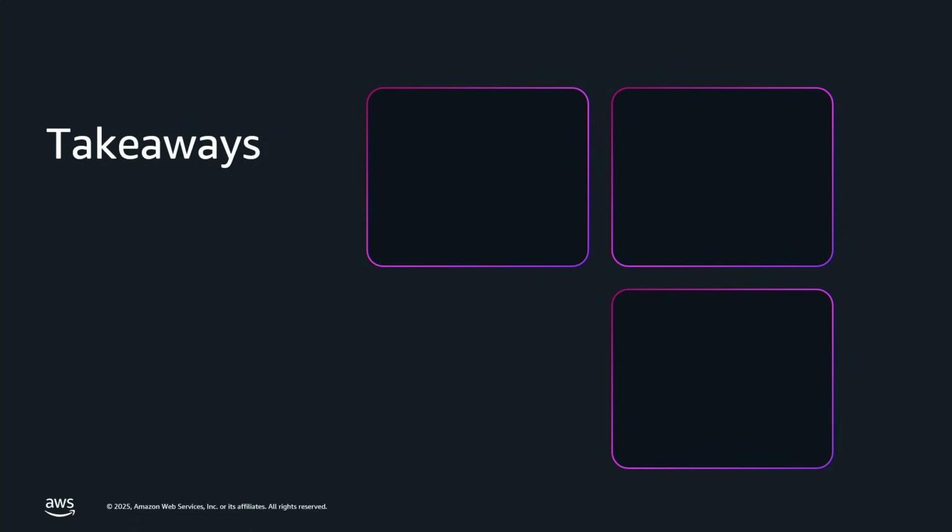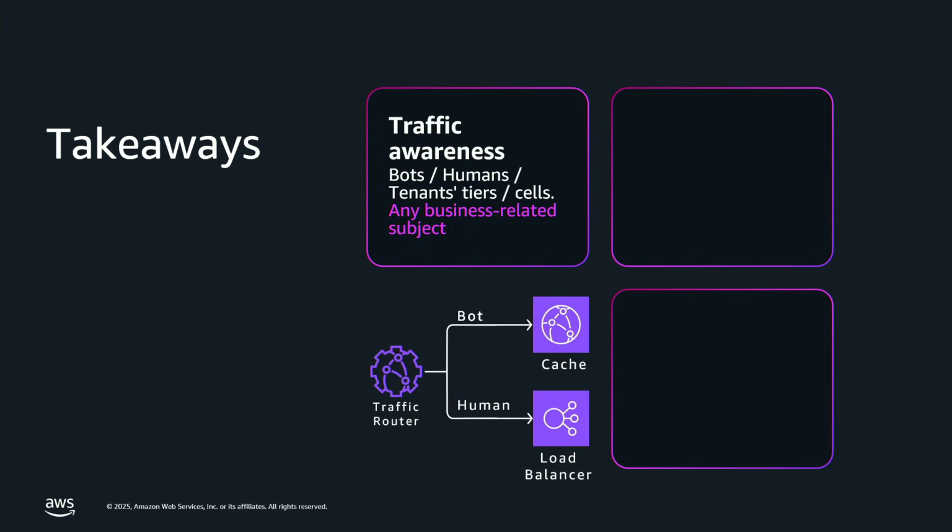The takeaways that I want you to take back home and think about for your architecture are split into three. First and foremost, you need to be traffic aware. You should ask yourself, do you really know what goes on within your system? In our case, we just used a label for bots versus humans, but this can be for any business-related topic.